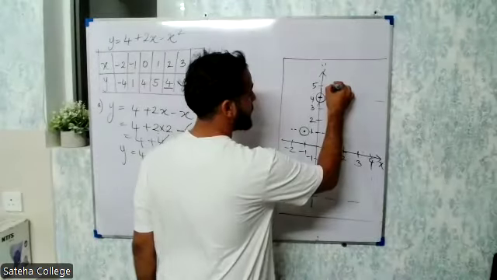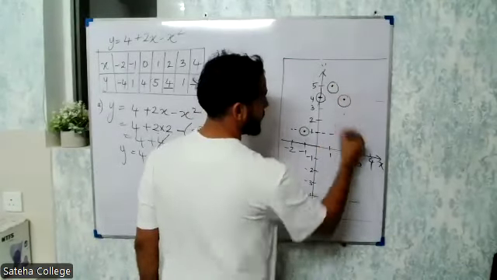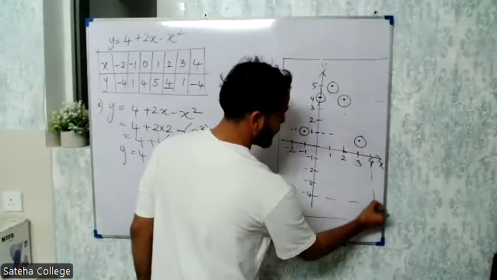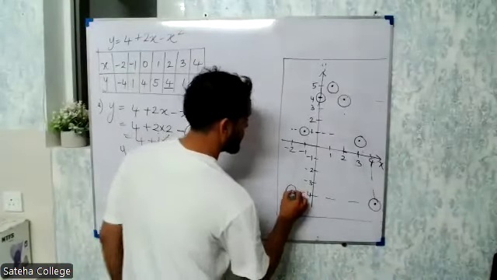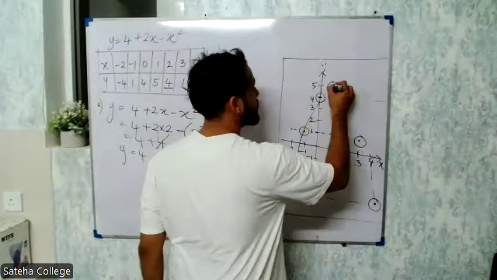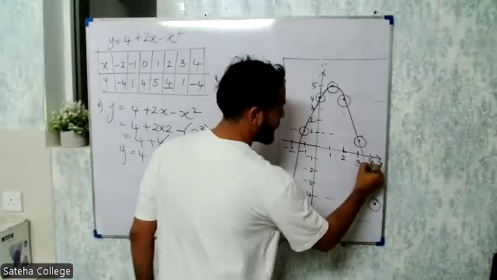Then 1, 5. 2, 4. Then 3, 1. Then 4, -4. Quickly join these points into a nice smooth graph here.